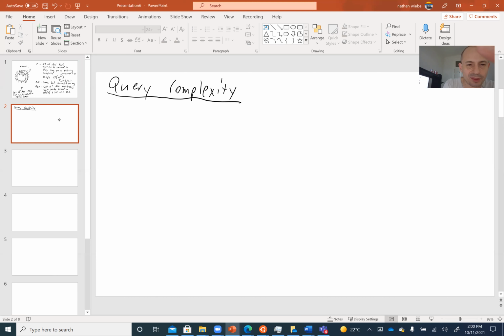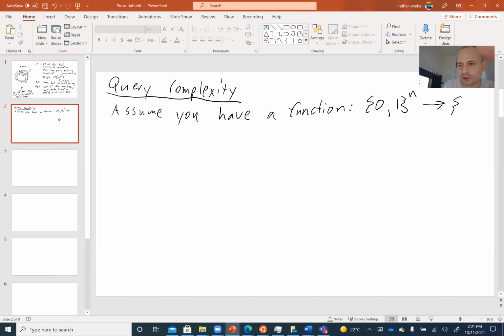The idea basically is that assume you have a function. And this function will map some series of input bits, n, to just 0 or 1. This over here is a Boolean function, and it can be thought of as a decision problem.